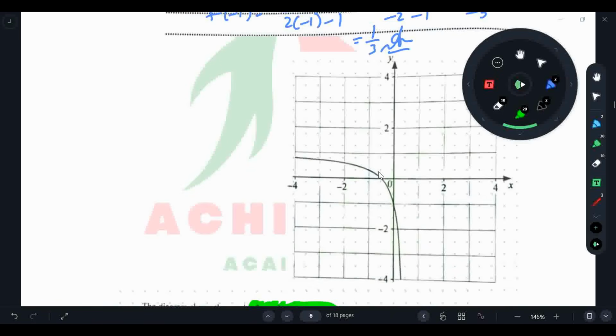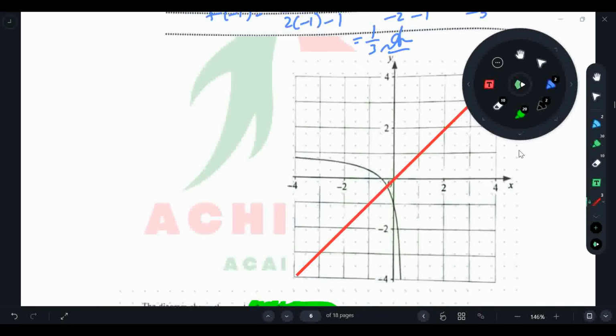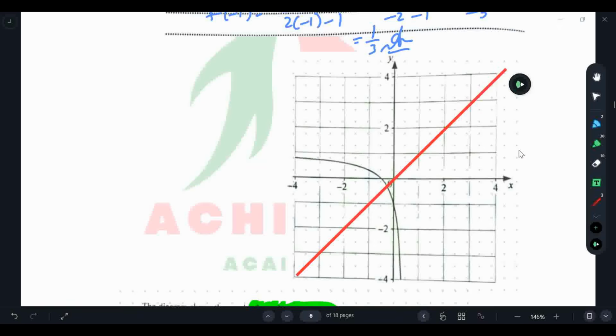Now we know that the mirror line should be y is equal to x. Now if we roughly draw the mirror line of the upward side, we will get the line like this.